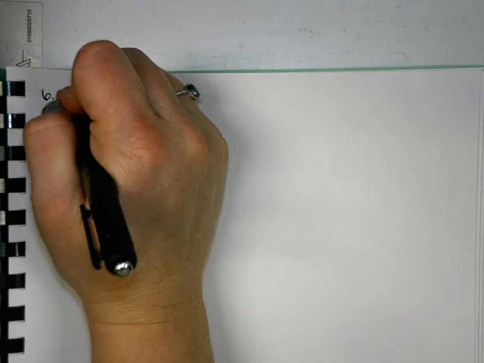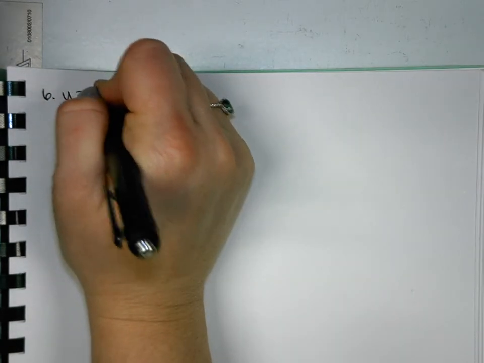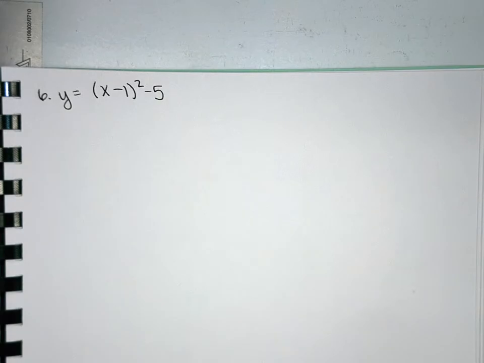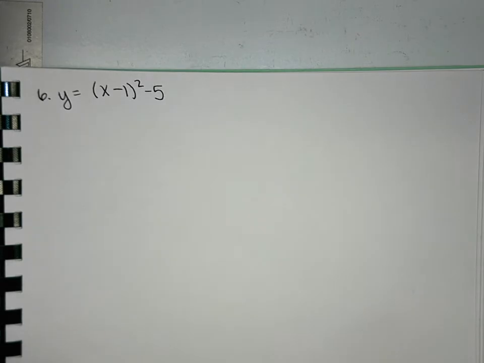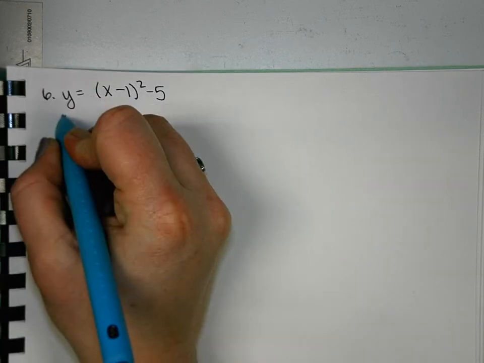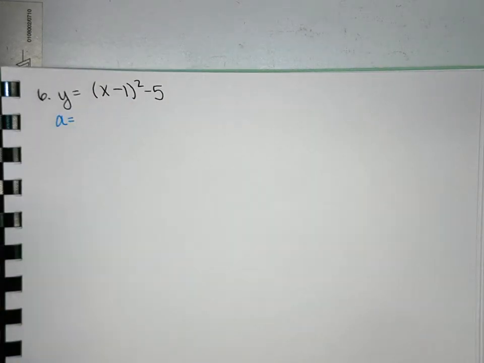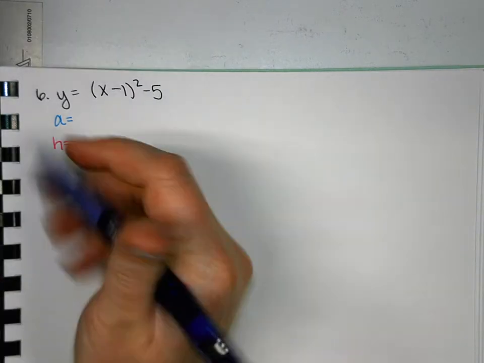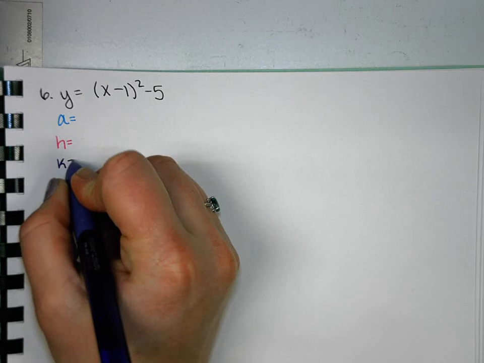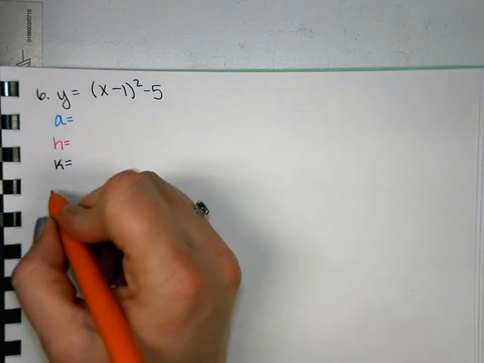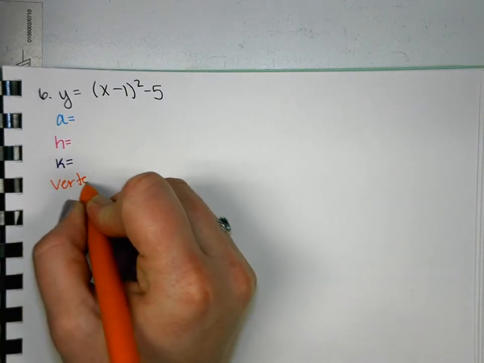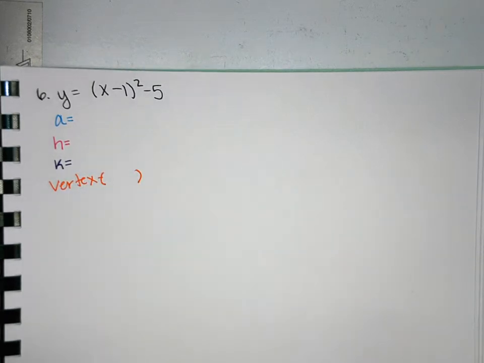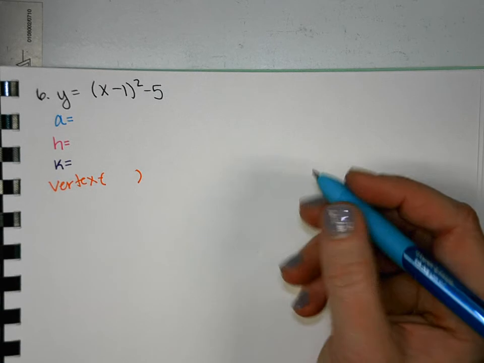Y equals x minus 1 squared minus 5. Okay, what's our A? 1.